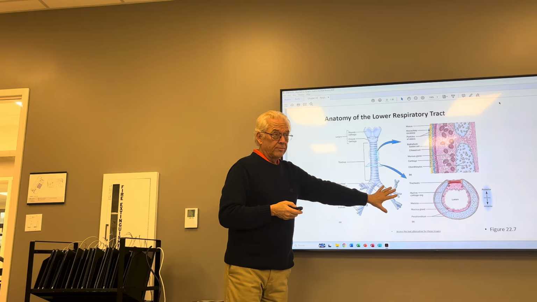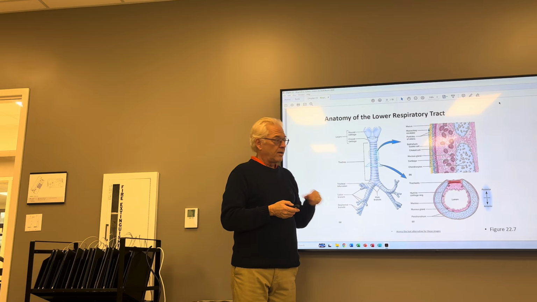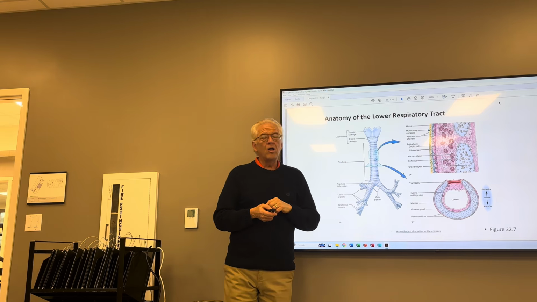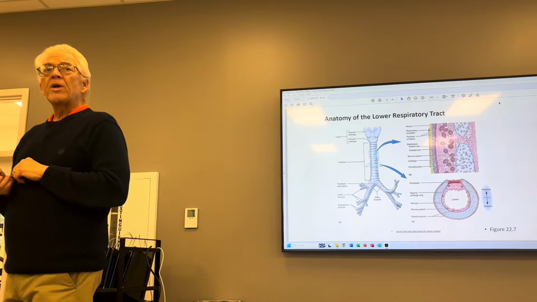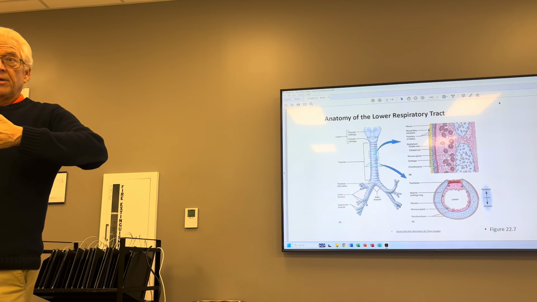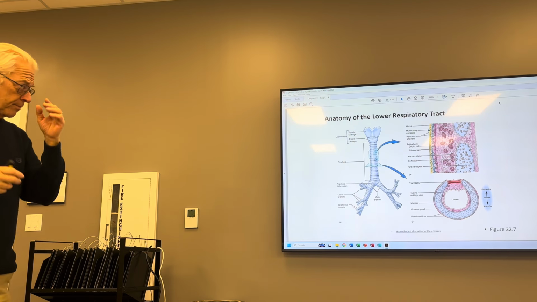Lab practical. This is the trachea. This triangle here is called the carina. The word carina means the keel of a ship. Well, the keel of a ship is wide at the top and pointed at the bottom to keep the ship upright.